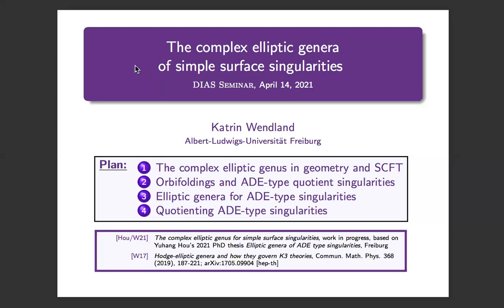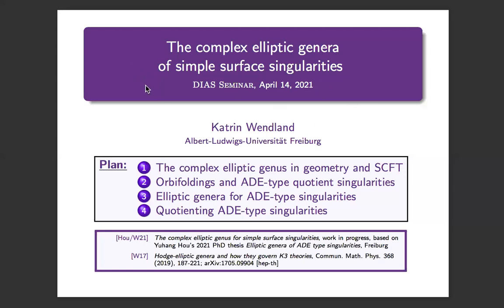And that's essentially a question asked to my PhD student, Yuhang Hou. When he started with his PhD project, I wanted to know whether one can make sense of the complex elliptic genus for such surface singularities of the type that can occur in K3 surfaces, and whether one can then understand the K3 elliptic genus in terms of, well, non-singular and singular data, so to say.